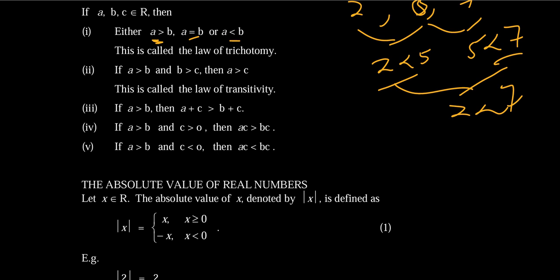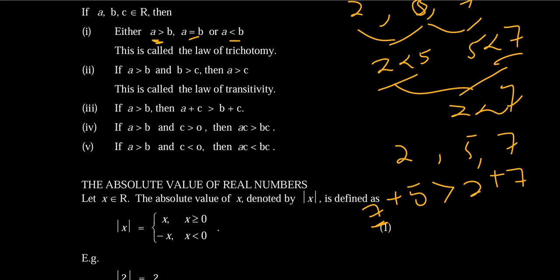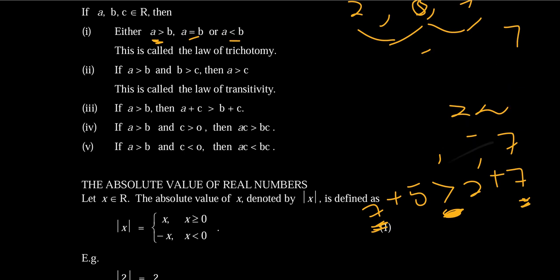When we pick any three numbers, say 2, 5, and 7, like what we did previously, and we already know that 5 is greater than 2, if I add 7 to both sides, once the number I've added is the same for both sides, then the greater than sign still holds. This is also very simple and logical.